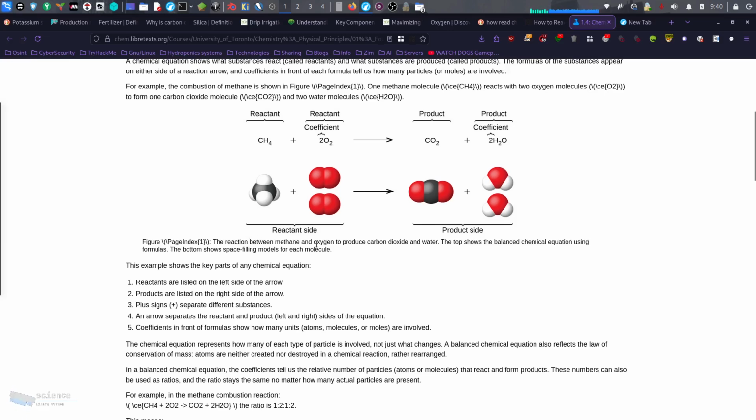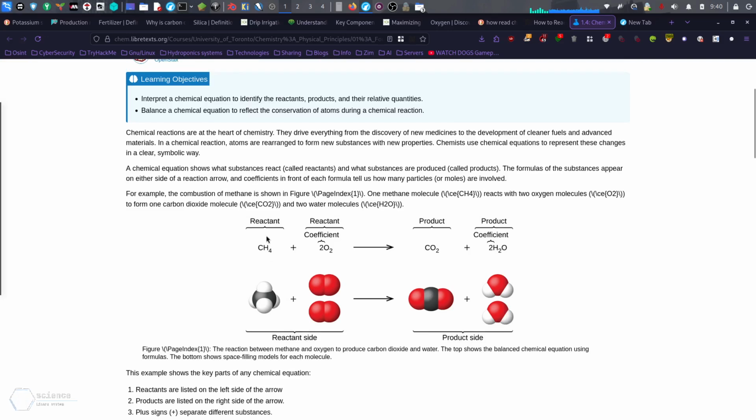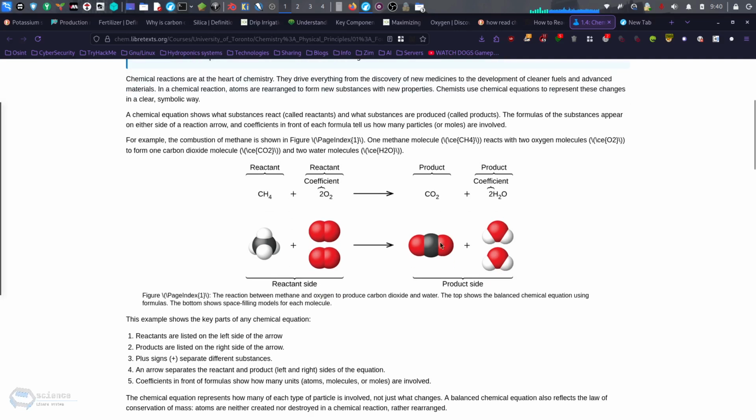The reaction between methane and oxygen to produce carbon dioxide and water. The top shows a balanced chemical equation using formulas. The chemical equations or formulas represent ball-and-stick atom models, or just atoms, molecules, and how they react.